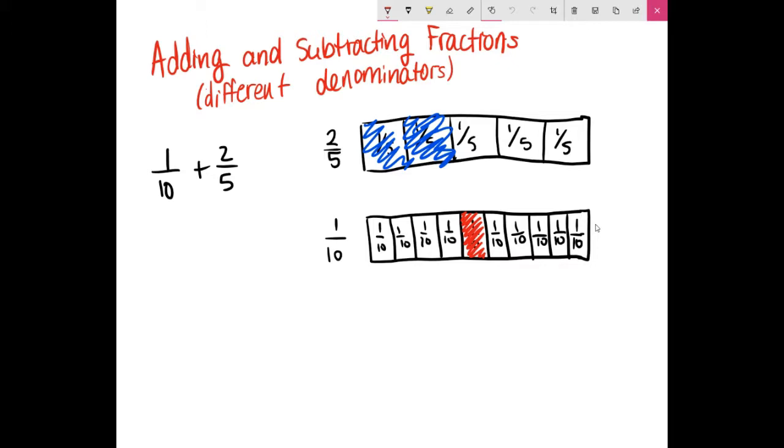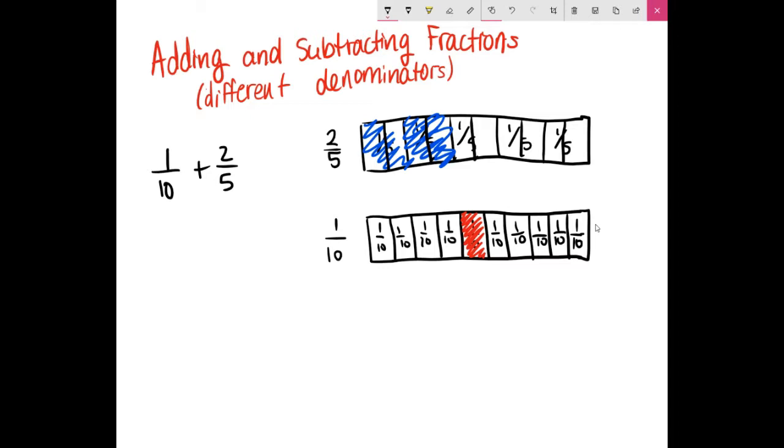So maybe if we split these pieces in half, we'll be able to have 10 pieces in the 2/5 strip. That is the same as multiplying the fraction 2/5 by 2 in the numerator and denominator to get a new fraction, 4/10. Let's see how that works out.